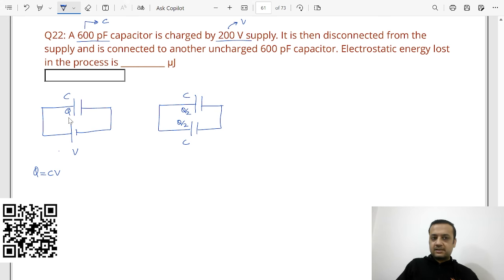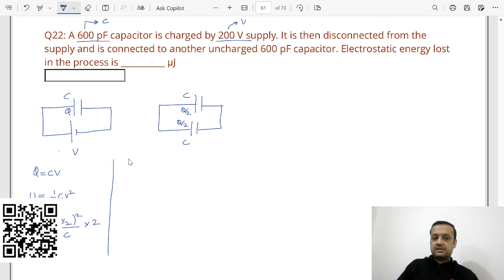Now what was the energy here when only this capacitor was connected? That will be half CV square. Whereas now the final energy for both the capacitors you can write using the formula q square by 2C. So the charge is q by 2, squared, upon 2 into capacitance. This is the energy with one capacitor, and since we have two capacitors, you have to multiply by 2.